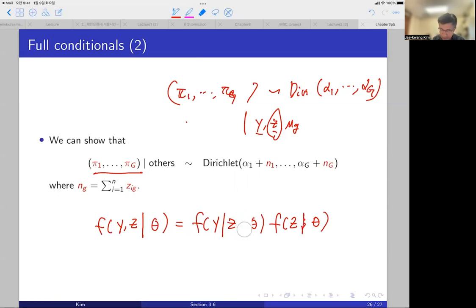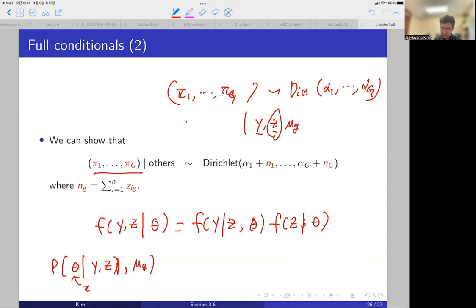So if you do that, okay, equal. What we are interested in is the posterior, but we want to only consider pi, right? So that we have a mu here.